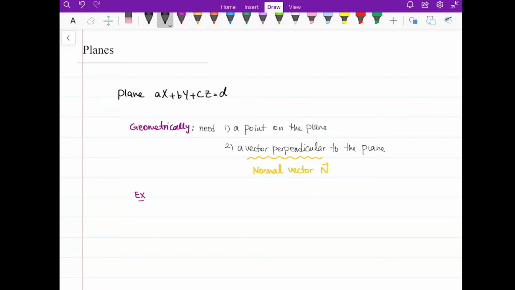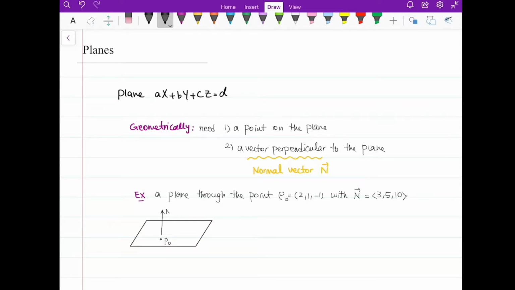We're going to write the equation of a plane through the point, which I'm going to show by P0, (2, 1, -1), with the normal vector (3, 5, 10). So I have a point P0 and I have a normal vector n.